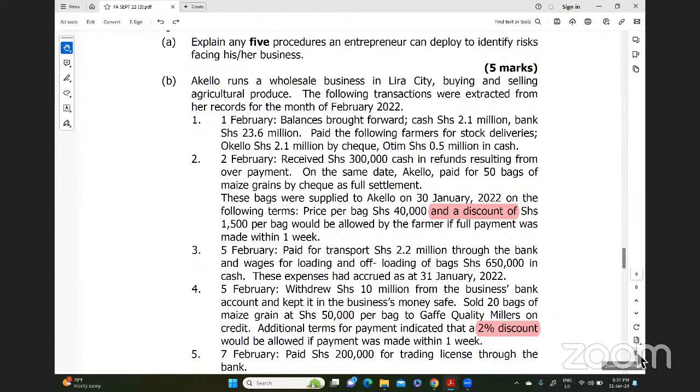So if it is cash and it is bank, you need to assess whether these two accounts are assets, liabilities, or equity. I won't talk about incomes for now. If it is an asset, what is the normal balance of an asset? The normal balance of an asset is a debit balance.